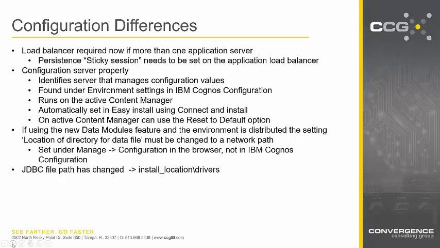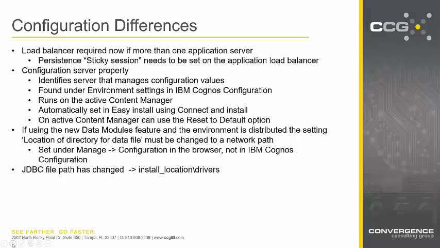One of the things you need to do, if your users are going to use that feature and you have more than one application server, so a distributed environment, is make sure you're using some sort of network path for the files.